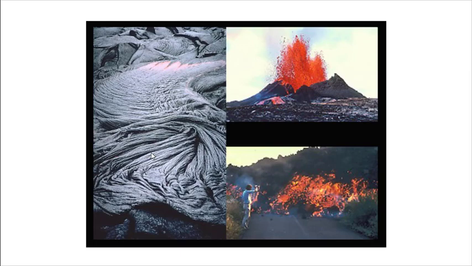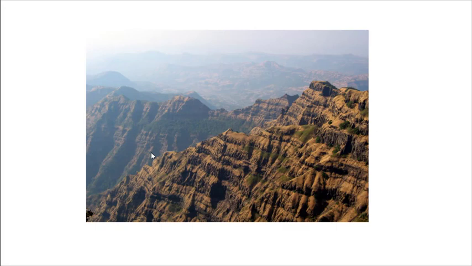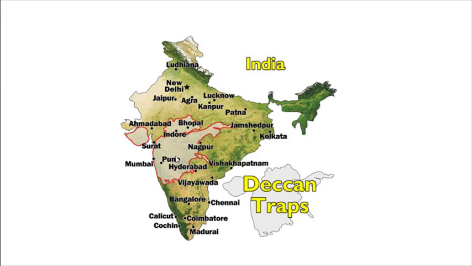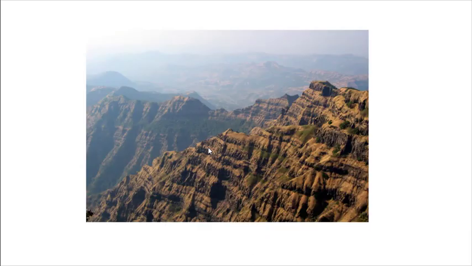But another place maybe you don't know about is the Deccan Traps in India. This is a huge lava flow. Here's a picture of India, and then here's the Deccan Traps, right? This is a considerable portion of the entire country of India. It is absolutely huge, and it's not just one lava flow.